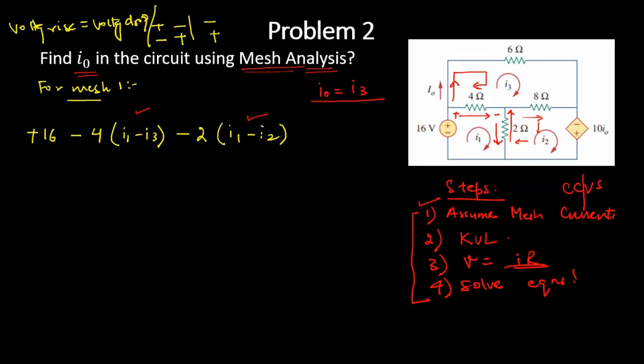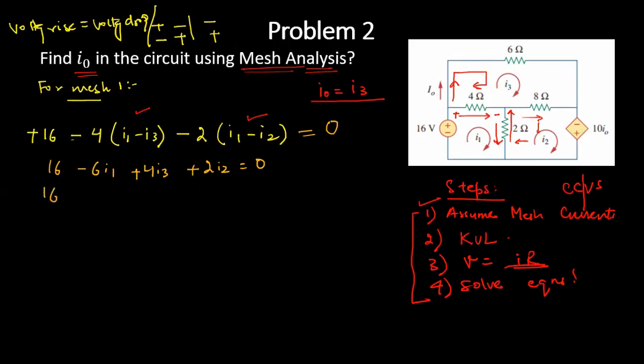Now algebraic sum of all the voltages is equal to what? Is equal to 0. Now we can solve this equation. We can write 16, then 4 and 2 is 6I1, then it is 4I3, then it is minus and minus will make it plus, and here also it is plus, sorry, minus and minus makes it plus. 2I2 is equal to 0.